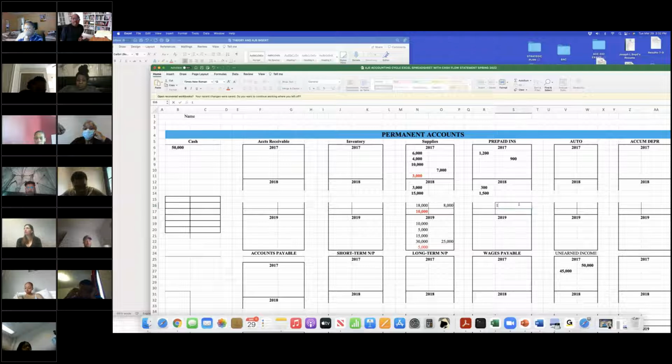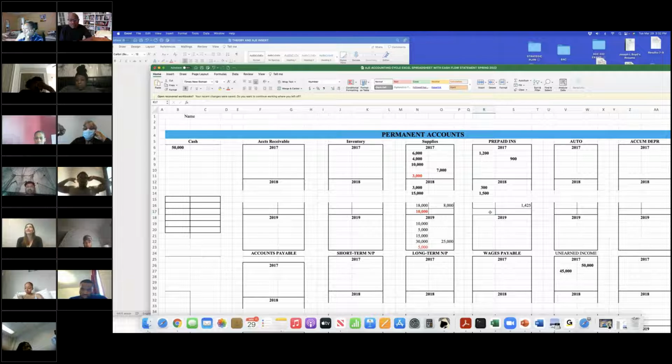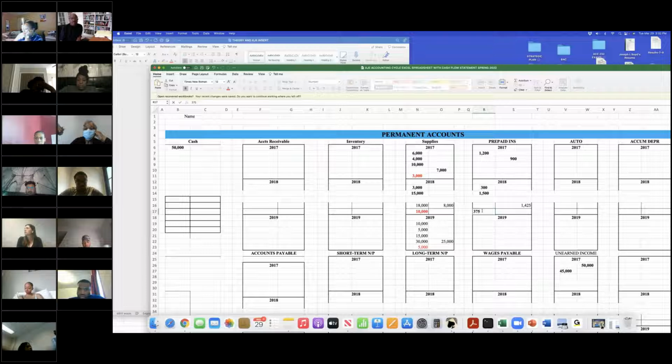So how much do we have left in the account at the end of the period? We have left $375. Our balance in 2018 is going to be 375. In 2017, it was 300.